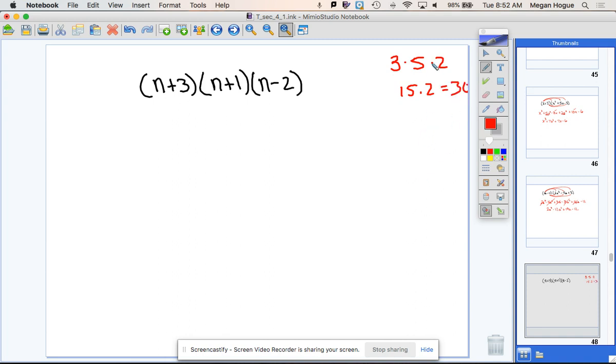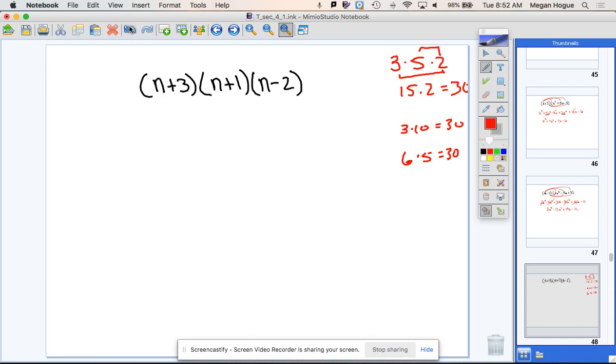I might choose to multiply 5 and 2 first to get 10, and that's 30. Or I could multiply 2 and 3 first to get 6 times 5 is 30. You're allowed to multiply in any order, so I can multiply whatever 2 I want first. It doesn't matter. We can do this lots of different ways.